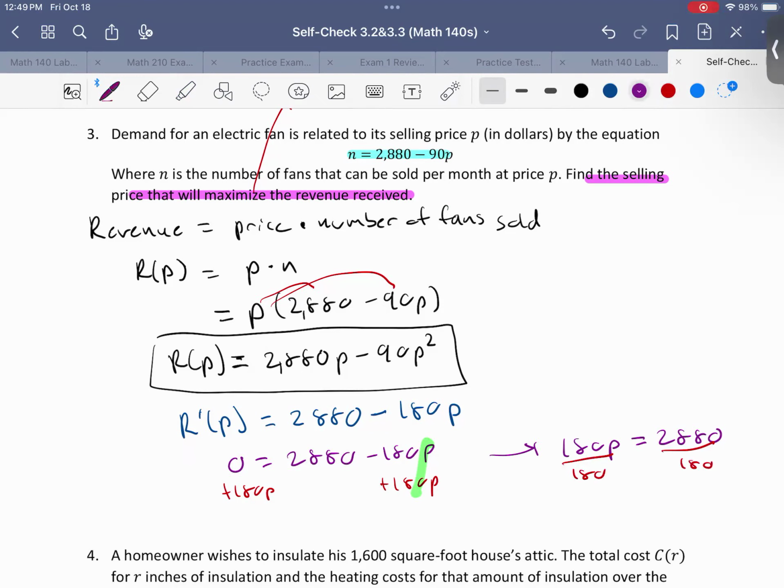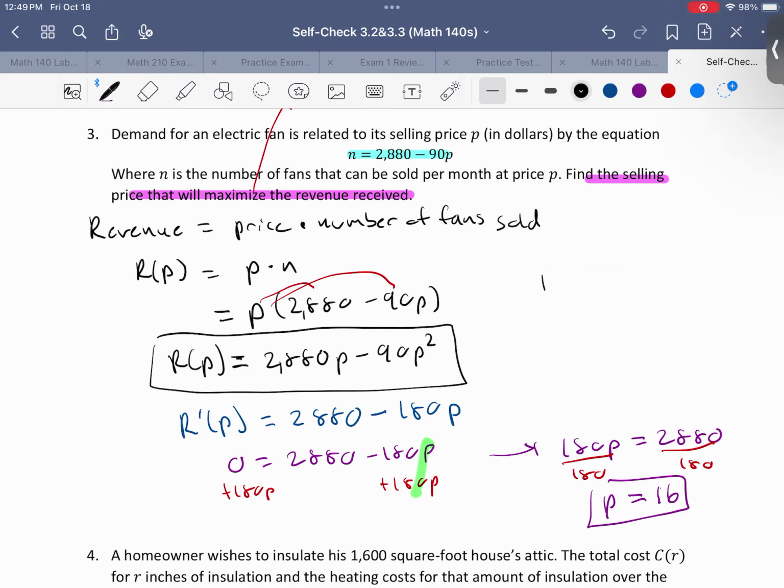And what I should end up with is 16. Okay, so that is my answer. So what does that mean in the context of this problem?